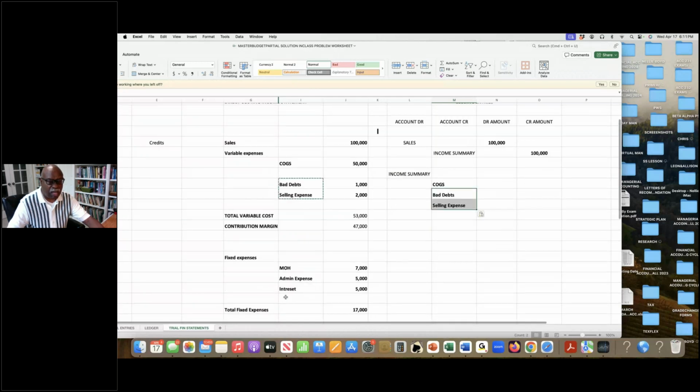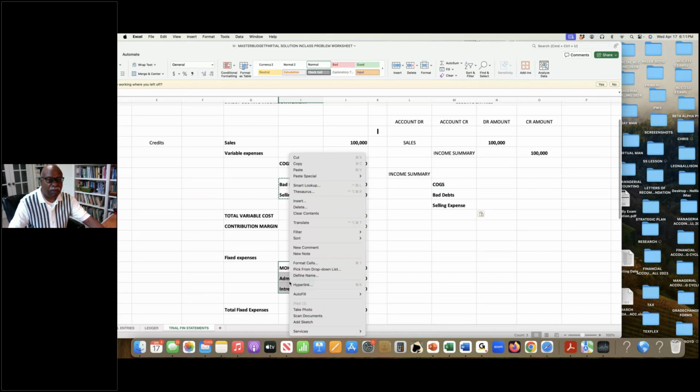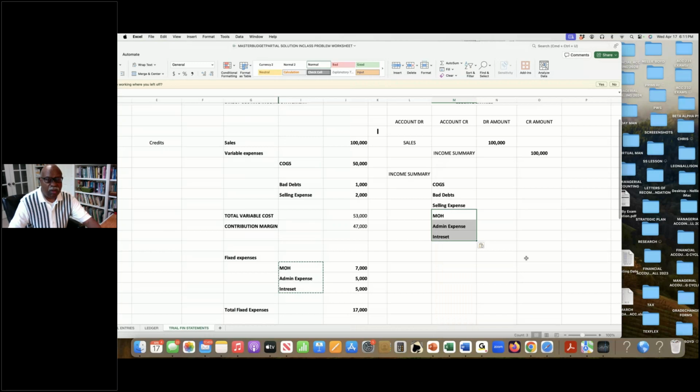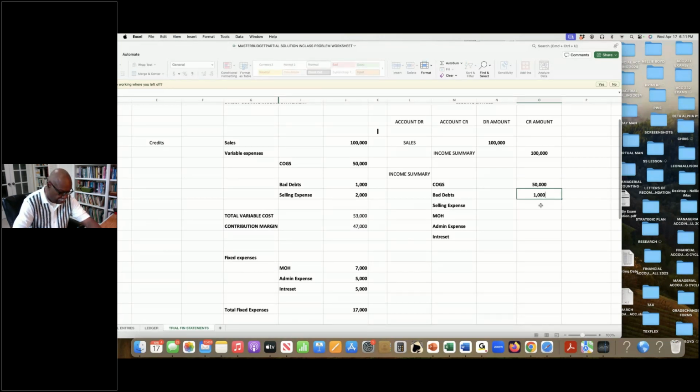And we're also going to close out all of the fixed expenses. So cost of goods sold will be credited for 50,000, bad debts for 1,000, and selling expenses for 2,000.